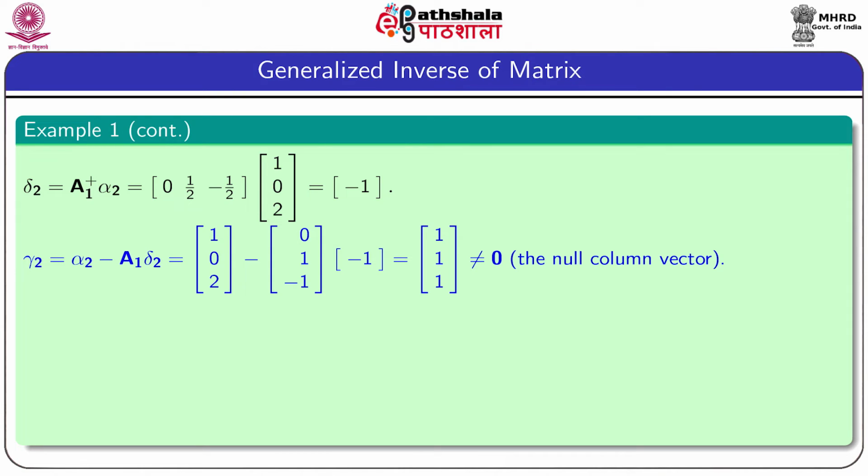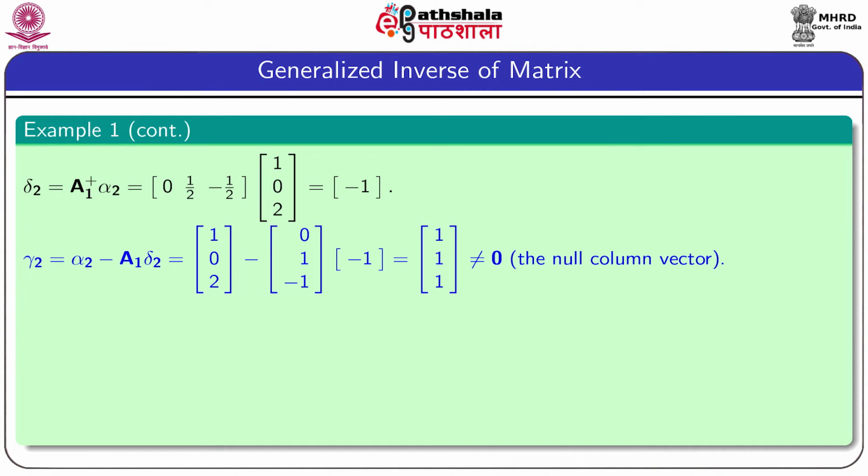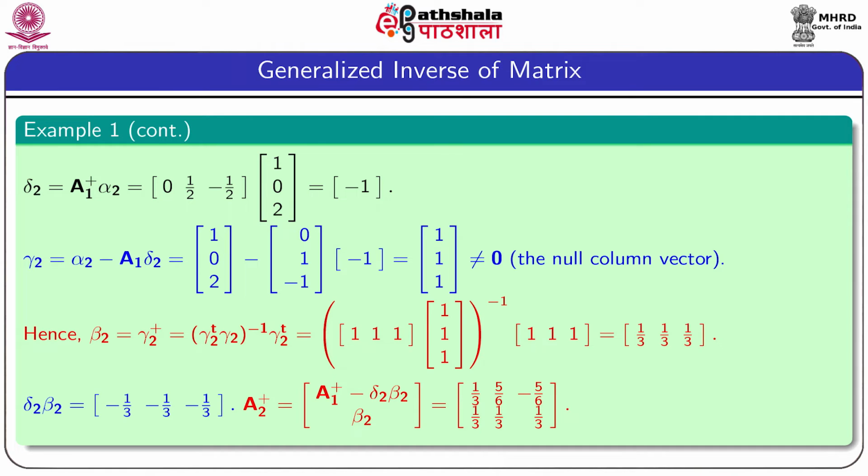Now we calculate the vector gamma 2, which is equal to alpha 2 minus A1 into delta 2. After substituting the values of alpha 2, A1 and delta 2, we obtain the column vector gamma 2, which is equal to 1, 1, 1, and obviously it is a non-null vector. Hence we calculate the vector beta 2 equal to gamma 2 plus.